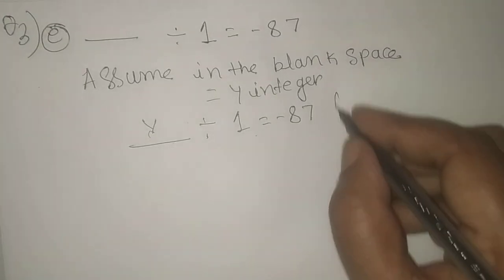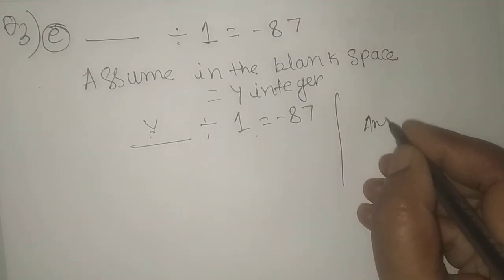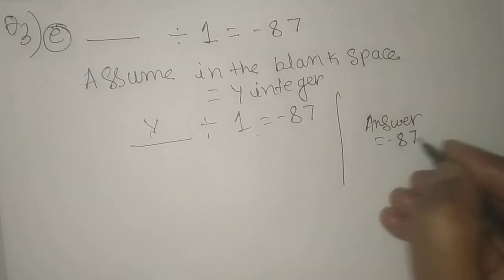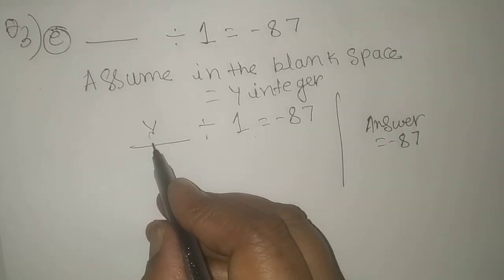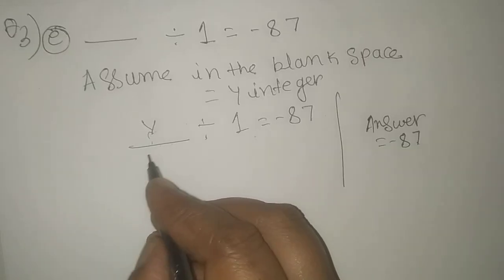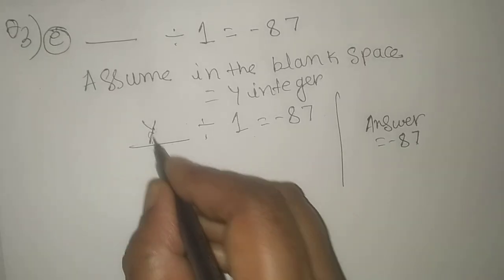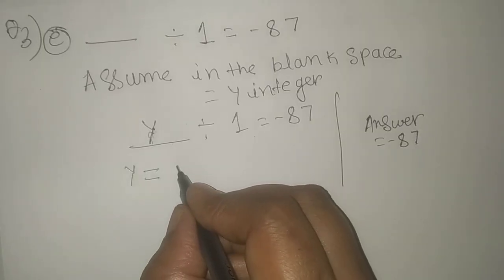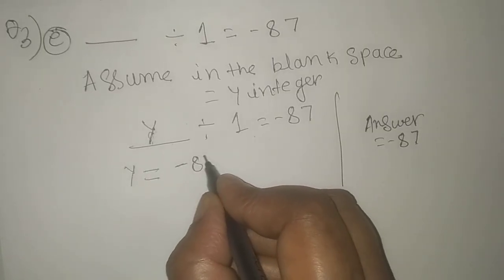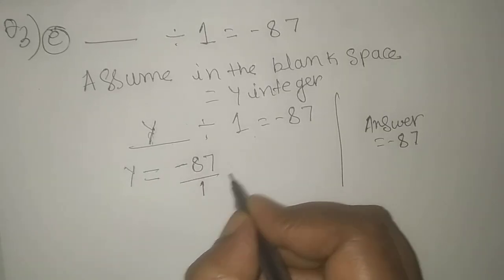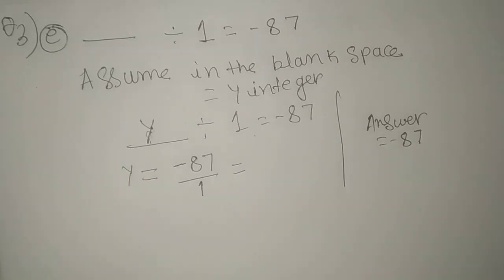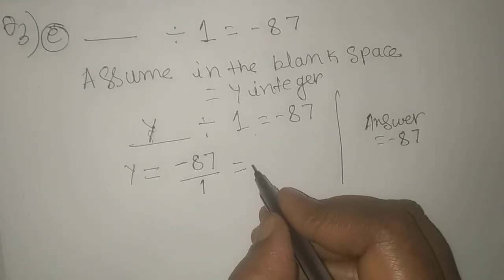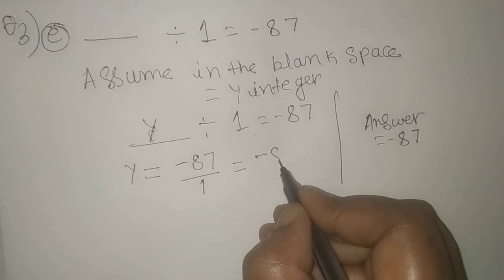Therefore you have to get the answer as minus 87. Now write it as this: y is equal to minus 87 by 1. Therefore you will get the answer as minus 87.